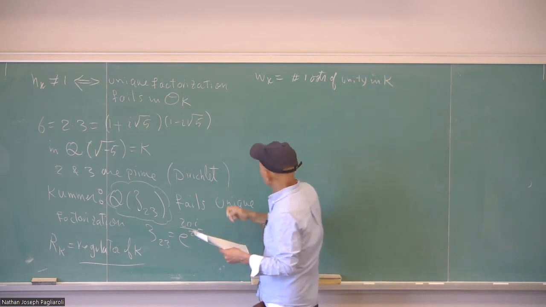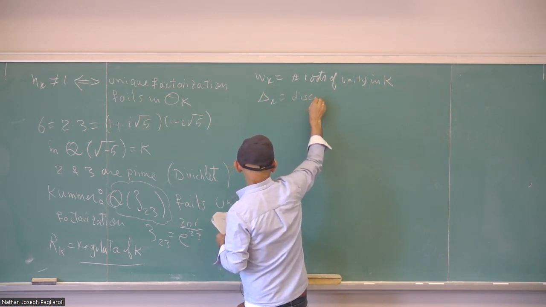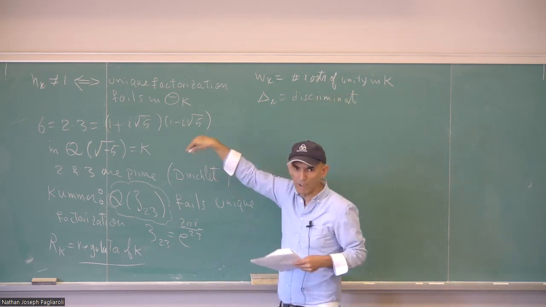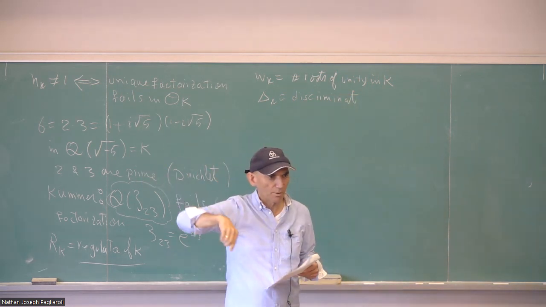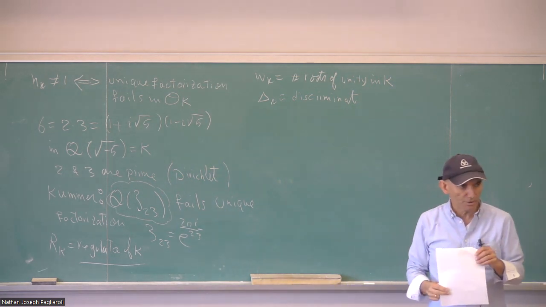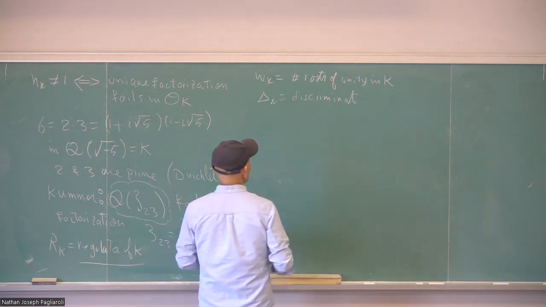And this DK is the so-called discriminant, which I will define when I'm calculating it in the example that I have. Instead of giving a general definition, I just define it for you, and you'll see what the general idea is. I will define it later.